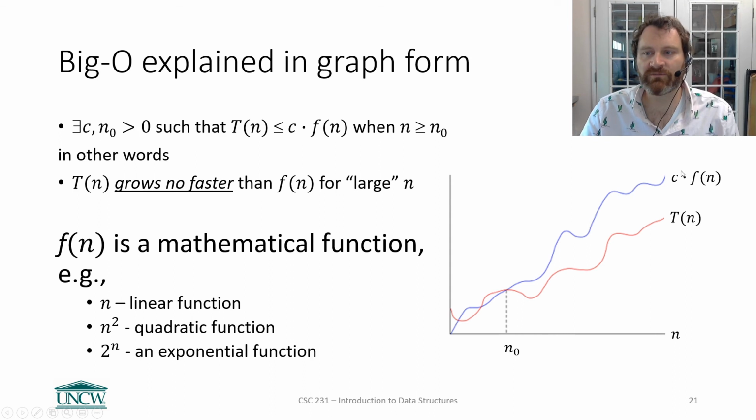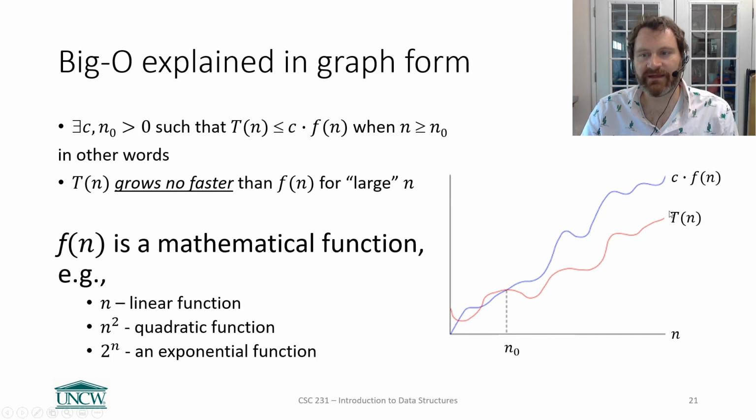When you multiply this other function, not your T of n, but some other function, it's either going to be n or n squared or 2 to the n or n cubed, that c times this other function, there comes a point which is called n0, this guy right here where they cross, where the blue function from that point on is always going to be bigger than your T of n function.